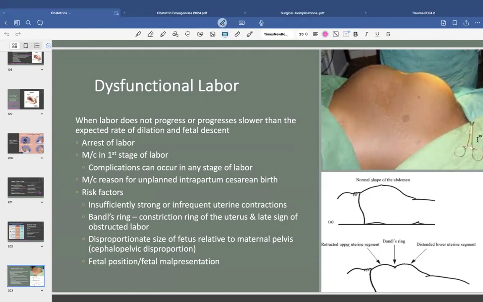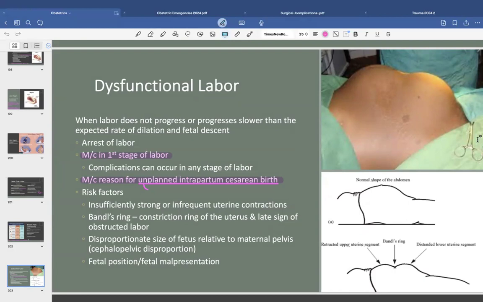There's also something called a Bandl ring, which is not super common, but I do want you to recognize it. You can see the picture of it up at the top, where you had that smooth body, and now you have a big dent in it. And that is a Bandl ring, which is here, contracting that tissue down. So there's two segments of the uterus, the upper and the lower.